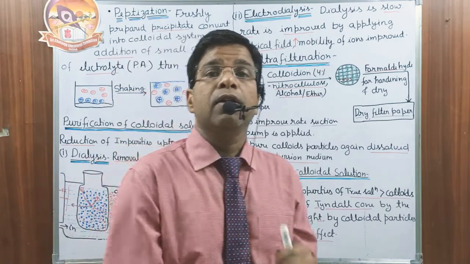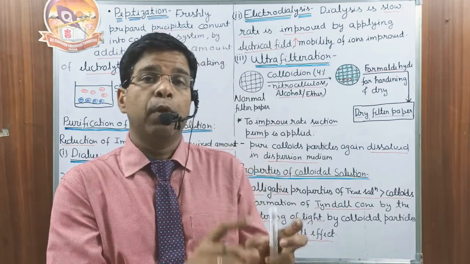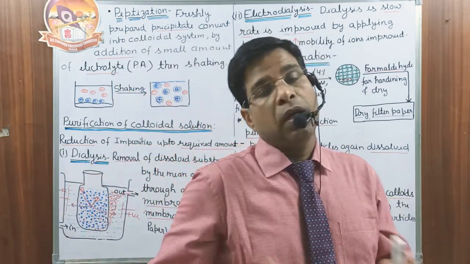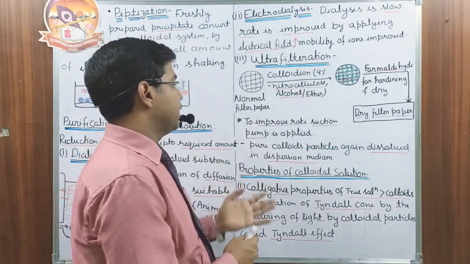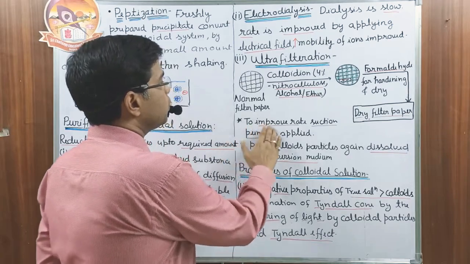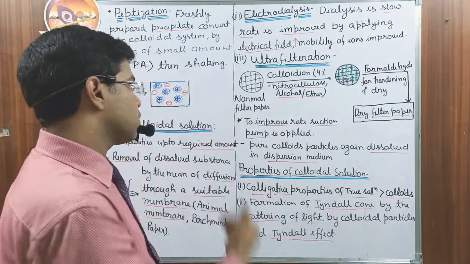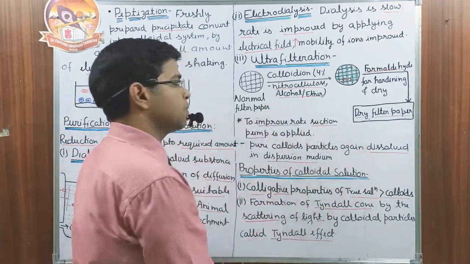At the end of the ultrafiltration, we collect these pure colloidal particles, which again dissolve in the dispersion medium, and our colloidal solution becomes pure. To improve the rate, a suction pump or vacuum pump is also applied.